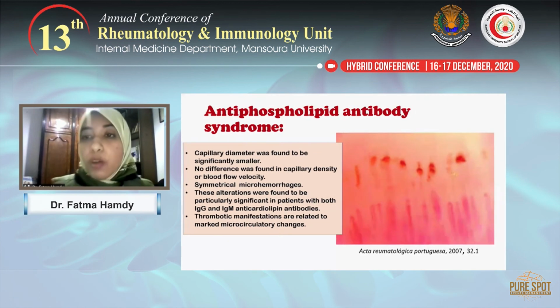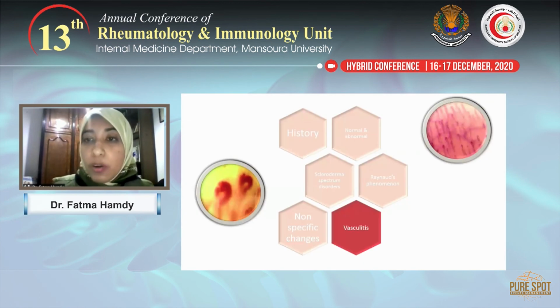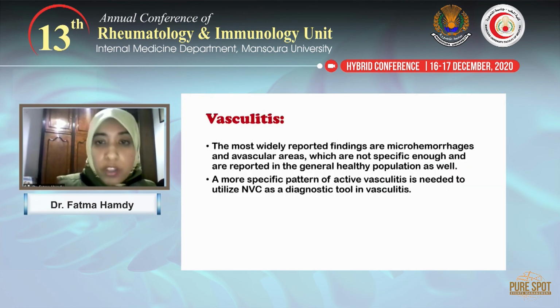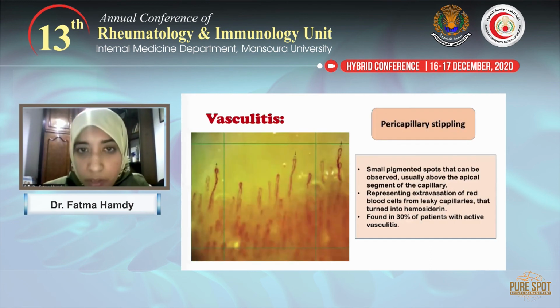Finally, we will talk about vasculitis and the role of capillaroscopy in vasculitis. The most widely reported findings in vasculitis are microhemorrhages and avascular areas, which are not specific enough, so a more specific pattern for active vasculitis is required. Here we can find what is called pericapillary stippling.